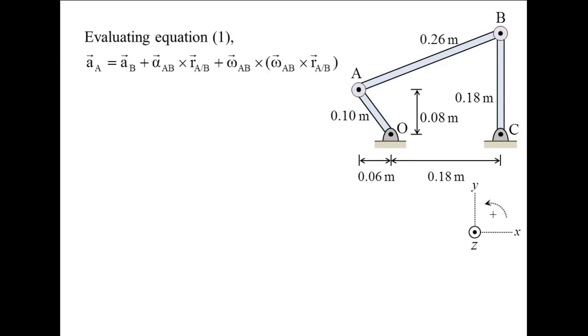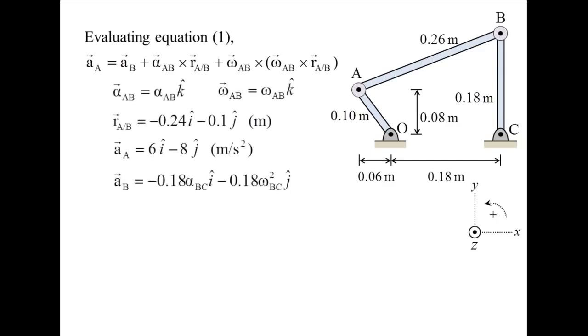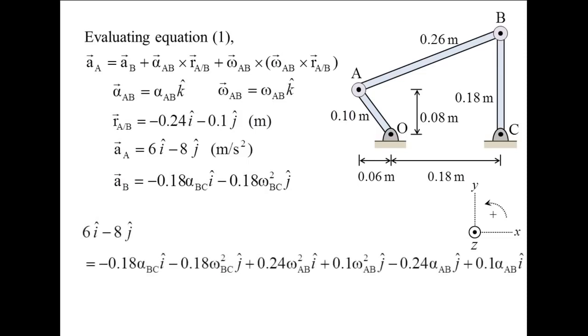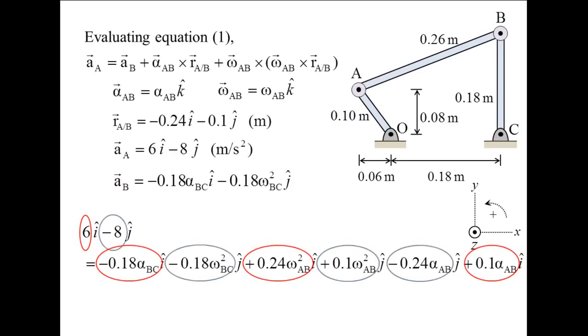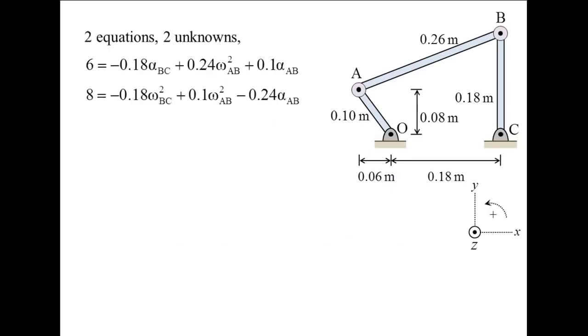Plugging in all the expressions into equation 1 and evaluating the cross products gives us the following equation. Equating the x terms and the y terms, we obtain two equations and two unknowns, and can solve for the angular acceleration of link AB and link BC.